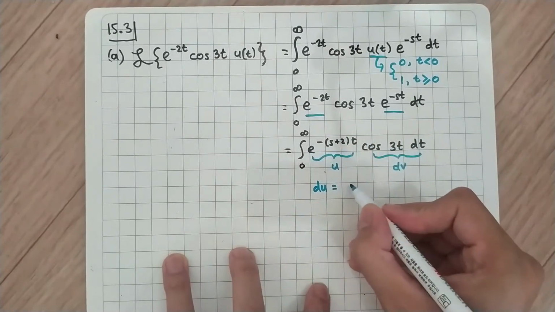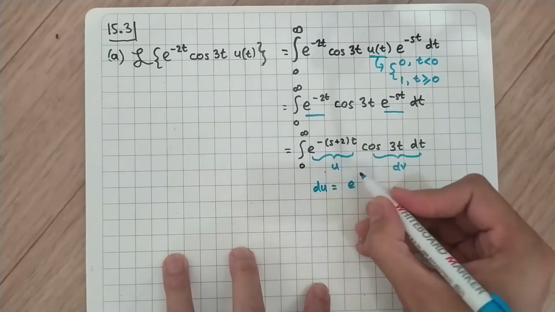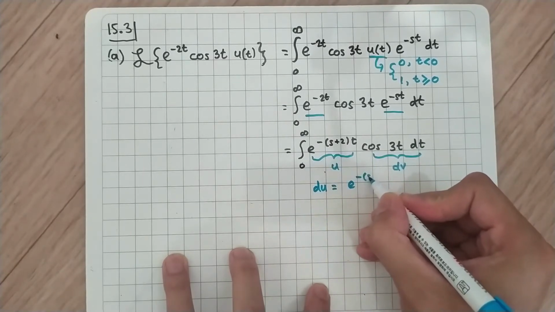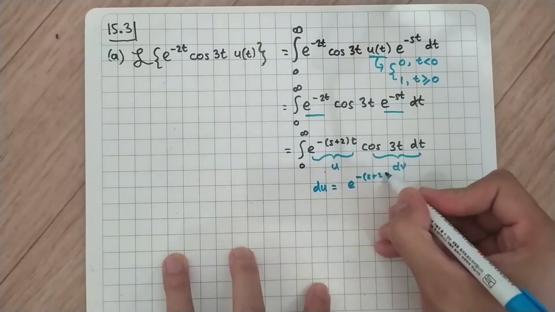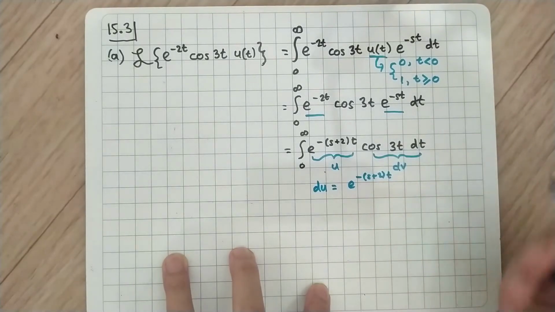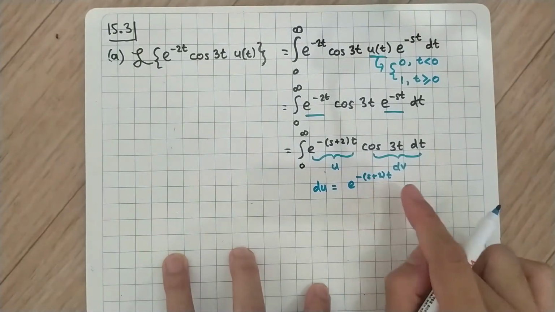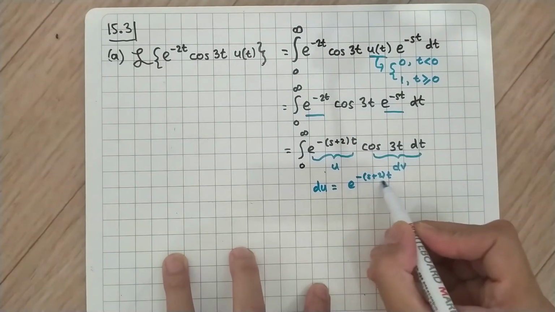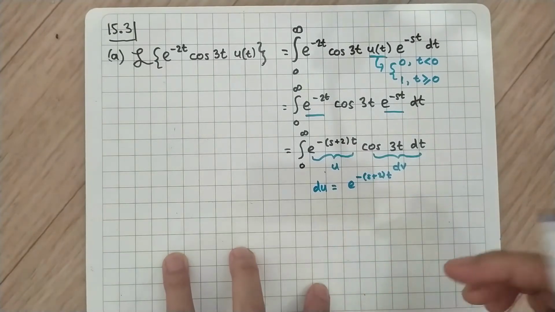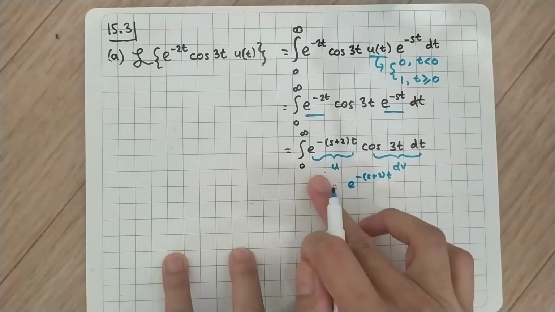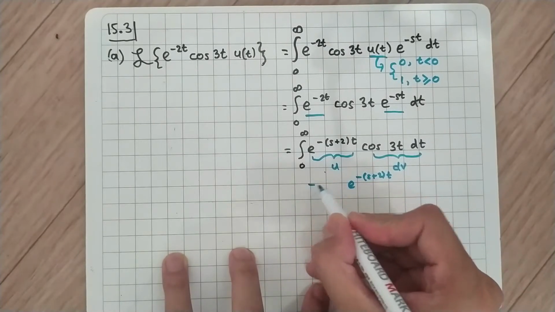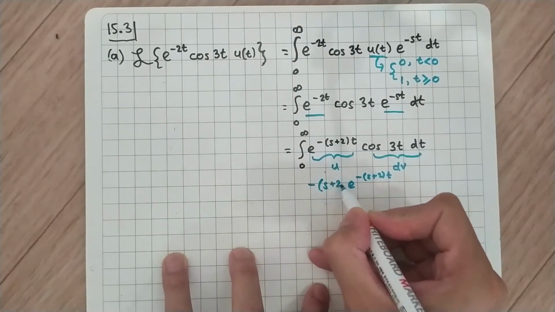So we will have e to the minus (s plus 2)t, but by the chain rule we need to multiply by the derivative of this in parentheses, so it is minus (s plus 2).